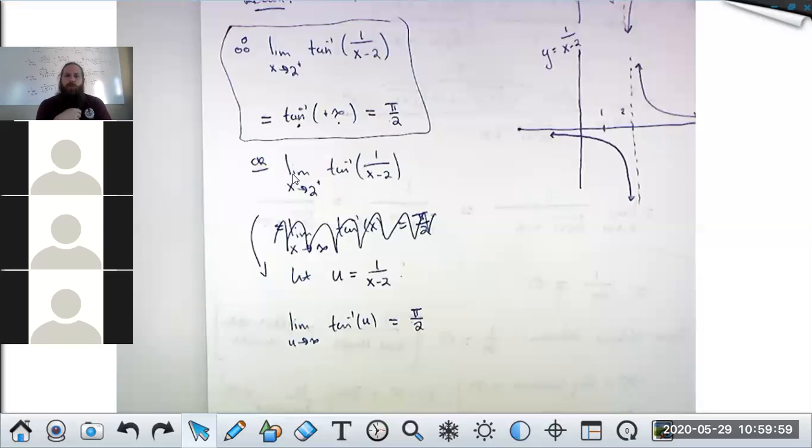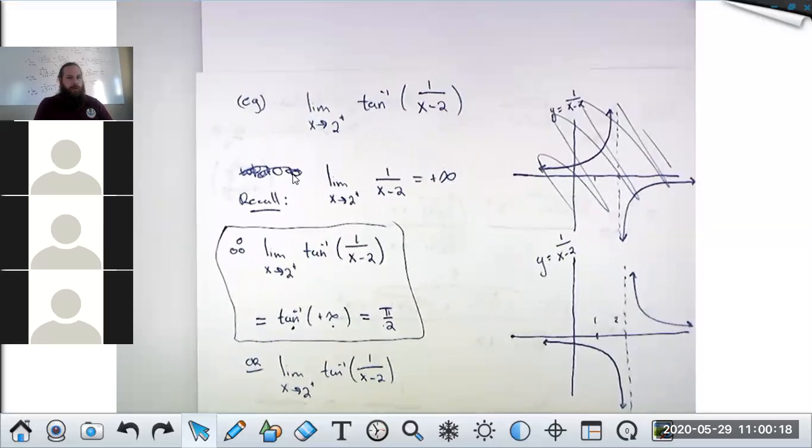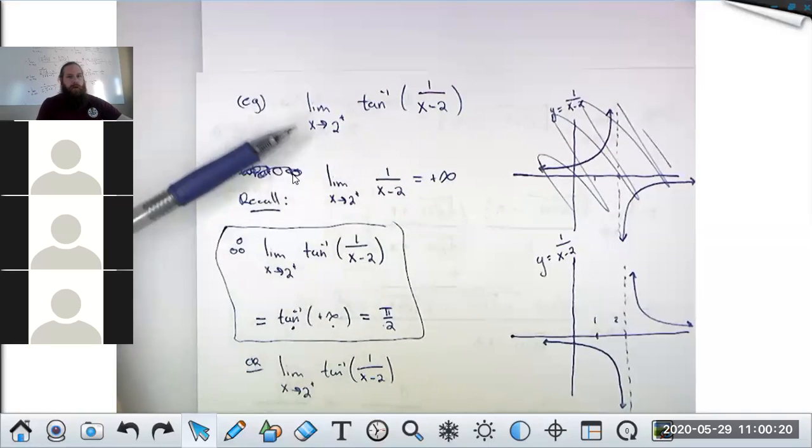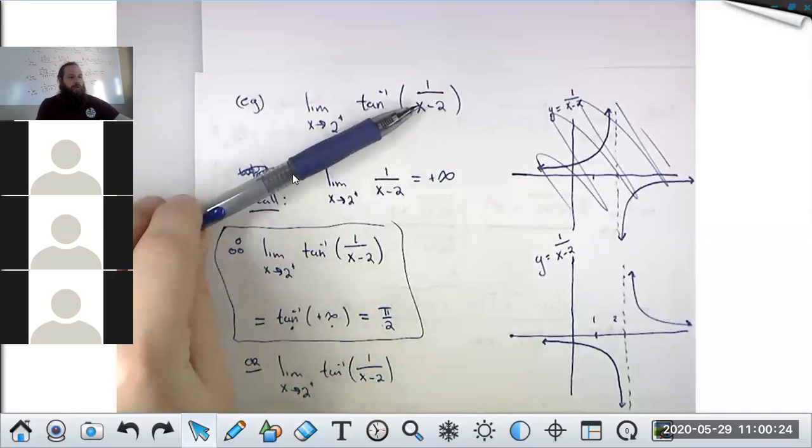Okay, how do we feel about this? Look at the boxed work here. This is definitely the cleanest way to think about it. I want the limit as x goes to 2 from the right of the inverse tangent of 1 over x minus 2.